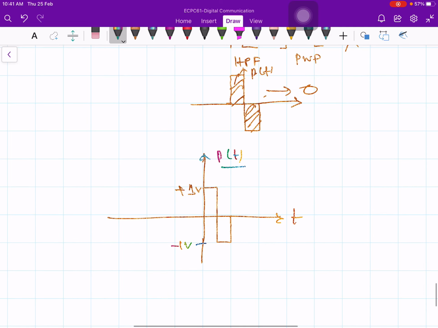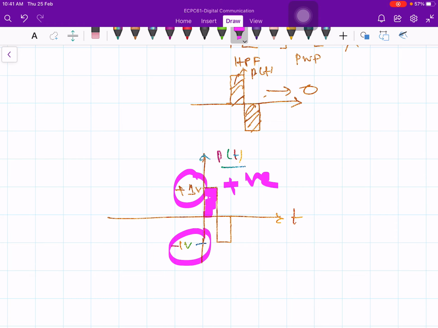Okay, and this is your time axis, and for half the interval of the pulse width, the pulse has positive amplitude, let us say plus 1 volt, and the other half has negative amplitude, which is minus 1. Okay, so this point is 0 and this point is T0.